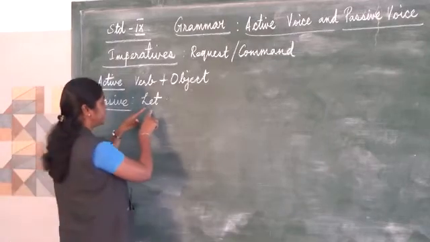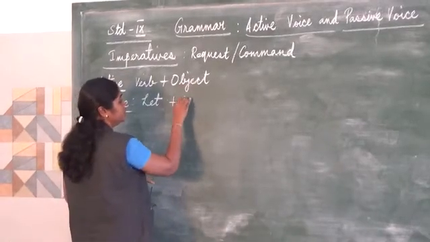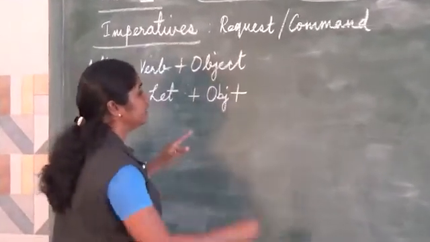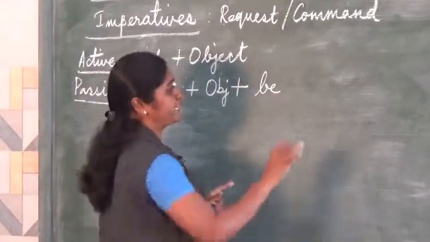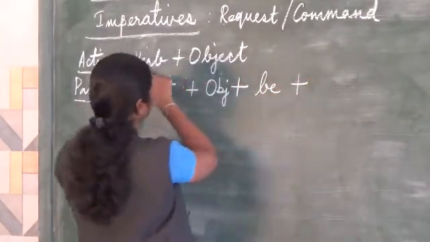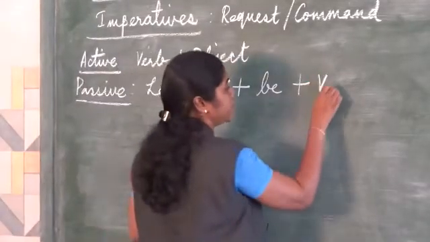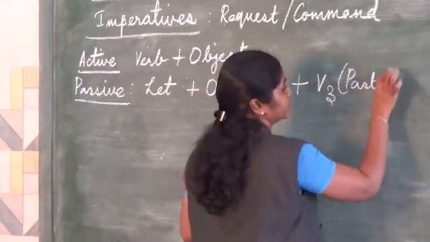Then whatever object you have got in the question, you bring that down here, object. Then you add the word be, simple plain be. Then for this verb you have to write the past participle form, that is the V3 form.